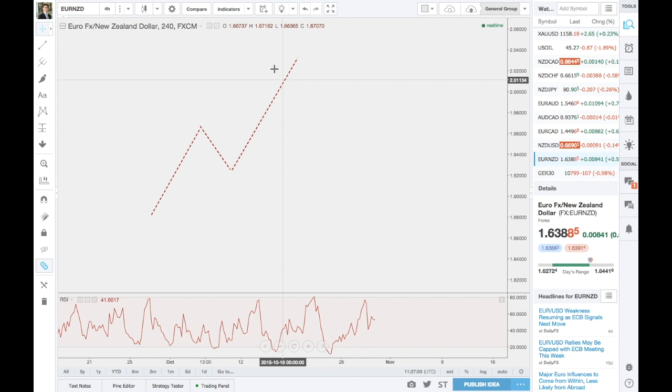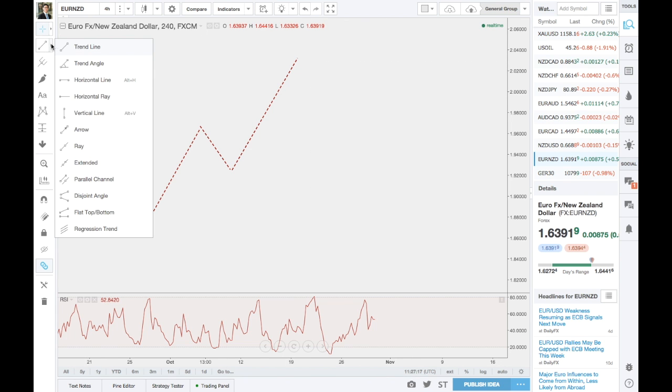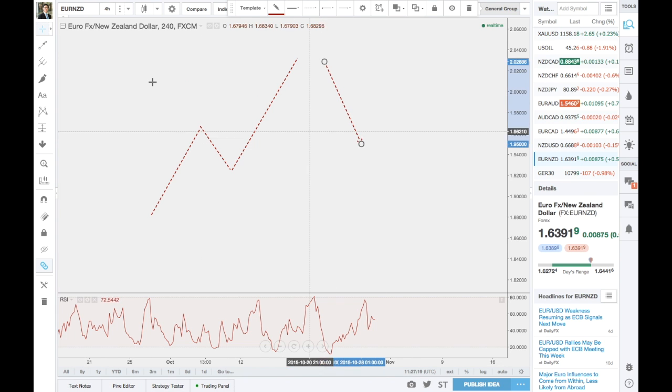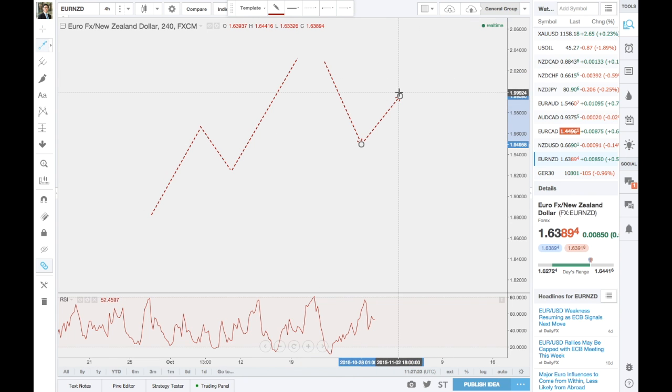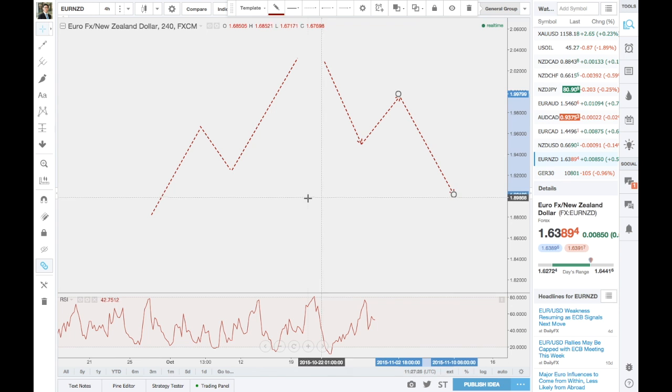So this 4-point structure gives us a very clear definition of a trending condition. If it's going upwards, it's an uptrend. The converse is true: if it's going downwards, it is in a downtrend.